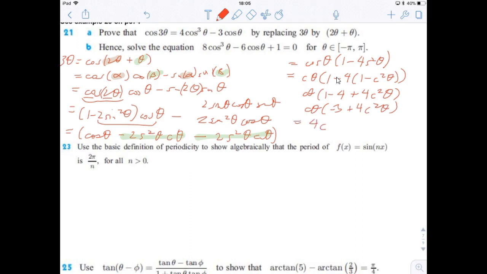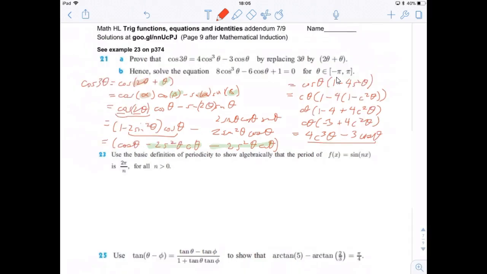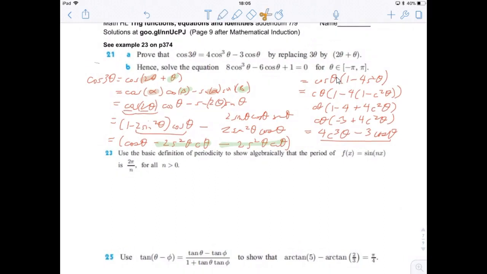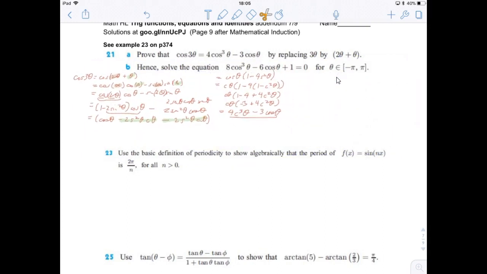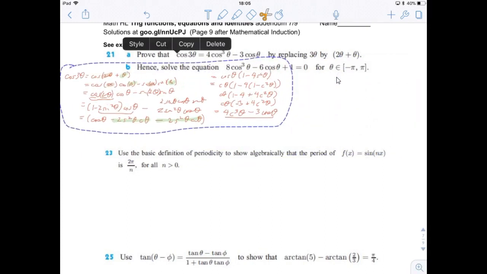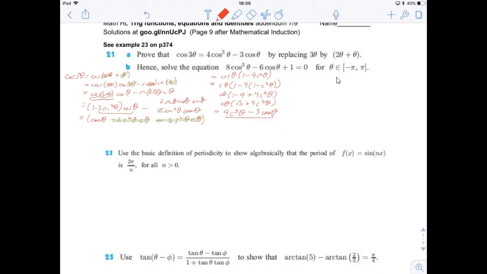So now I'm going to have 4 cosine cubed theta minus 3 cosine theta. Oh, I got it. That's what I wanted, right? Okay, so happy ending. Even though with the strategy I started with at the beginning, I thought I would be able to cancel out the sine squared cosine, in the end it worked out anyway. So, yeah, not an exact science.